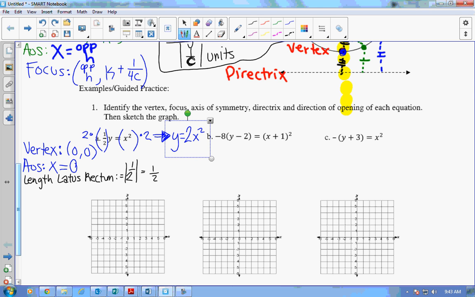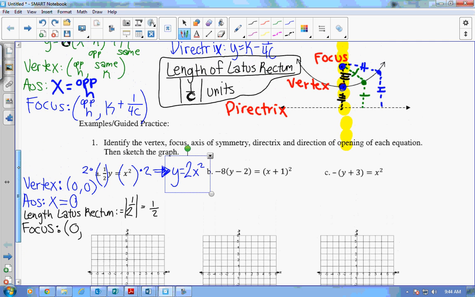Okay, now that we know C, we can find the focus. Focus is a point. The focus always shares the same x with the vertex and the axis of symmetry. So what's the x-coordinate of the focus? 0. Comma, it's shifted up.